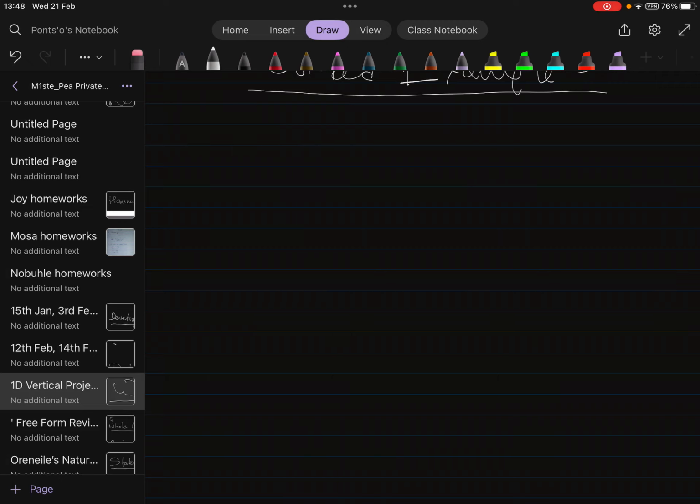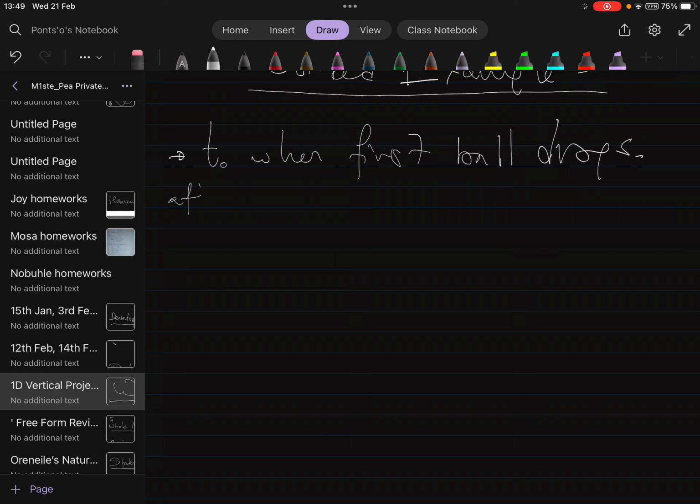So in any case, when the first ball is dropped, we'll say that's T0. After time t, the second ball is dropped.